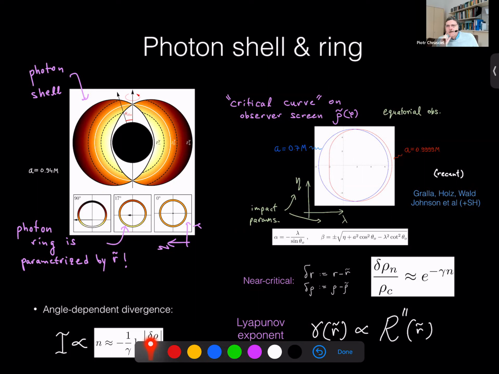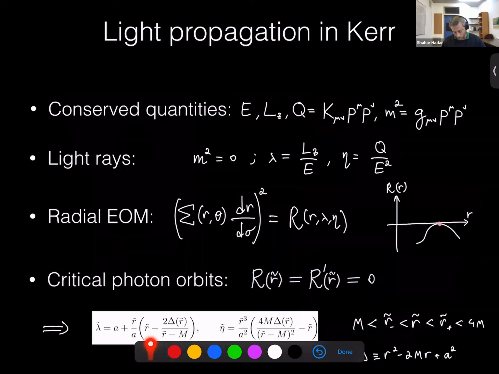Question? Yes. Can you explain what these eta, lambda parameters are? Is this really something that parameterizes what people see, or is it just some abstract parameters? Right. So one way to think of them is as rescaled angular momenta.